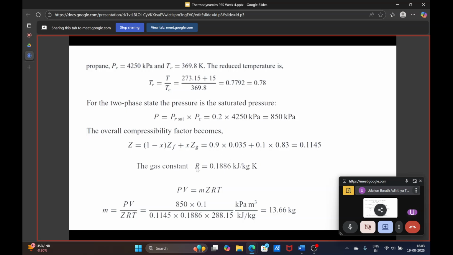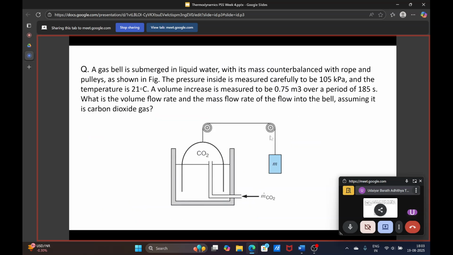The gas constant R is 0.1886 for propane. Using the ideal gas equation, or the compressibility equation PV equals m Z R T, you get m is 13.66 kg.